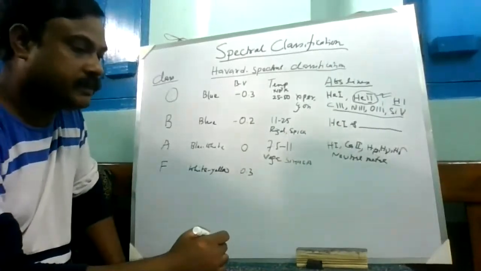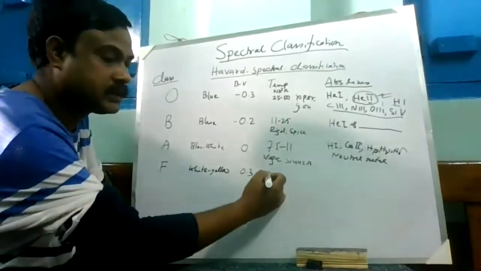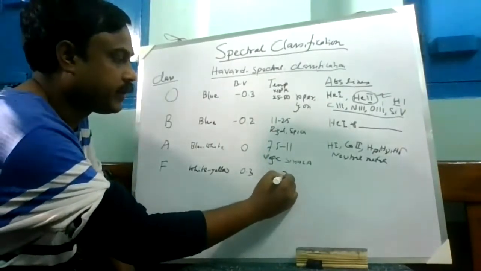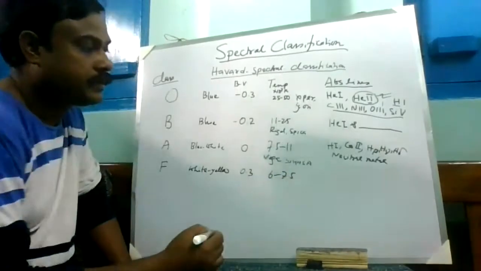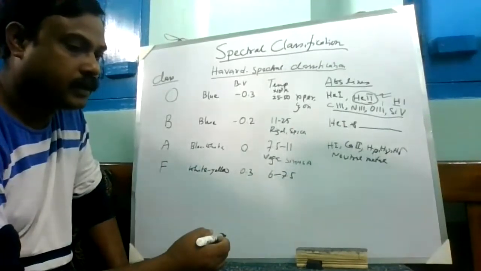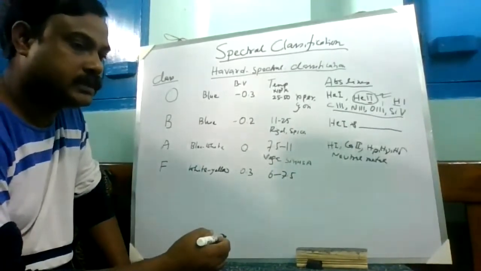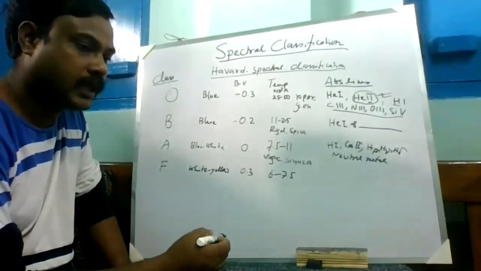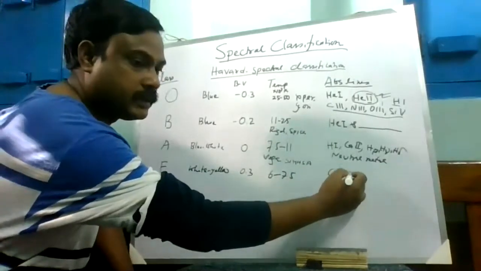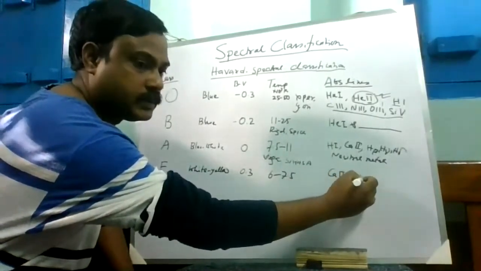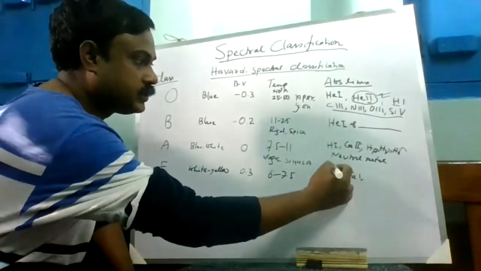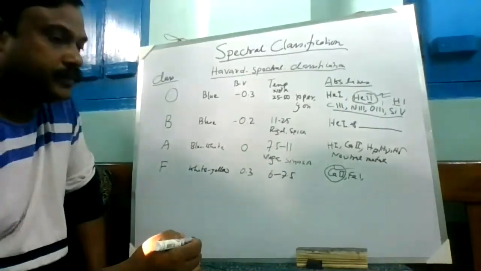The surface temperature of a G class star is 6 to 7.5 thousand degrees Kelvin. The prominent absorption lines present here are calcium II, iron I, and others; iron II is also there, but calcium II is the strongest line.